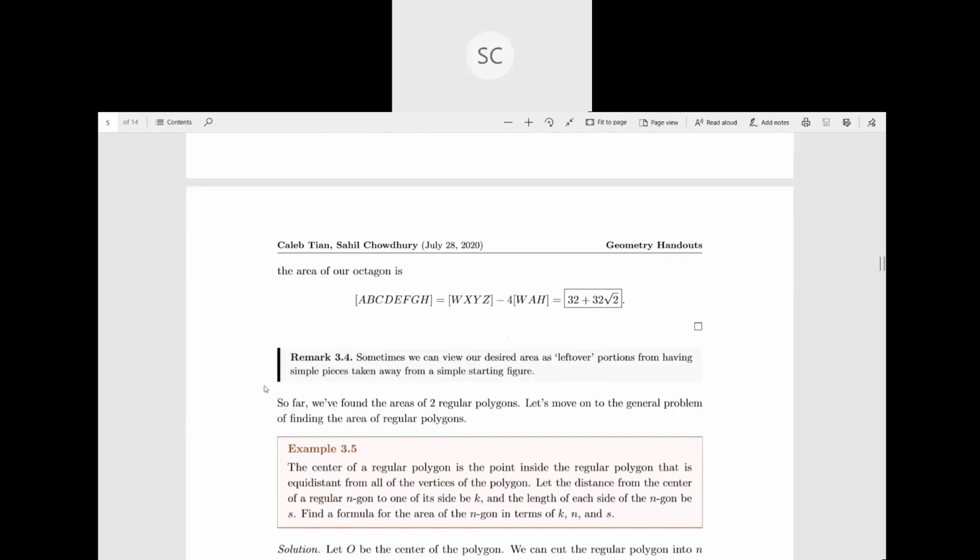I'm going to scroll down. I won't just go through the solution, but I will let you see the diagram of how a vertex looks. So maybe this will help you.